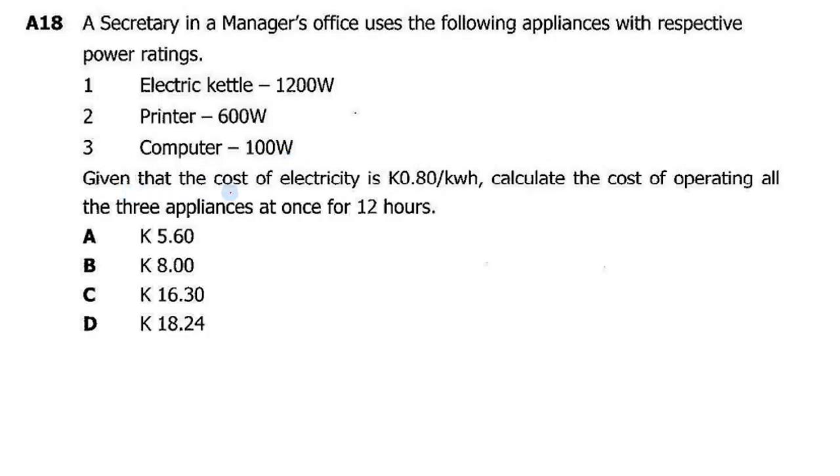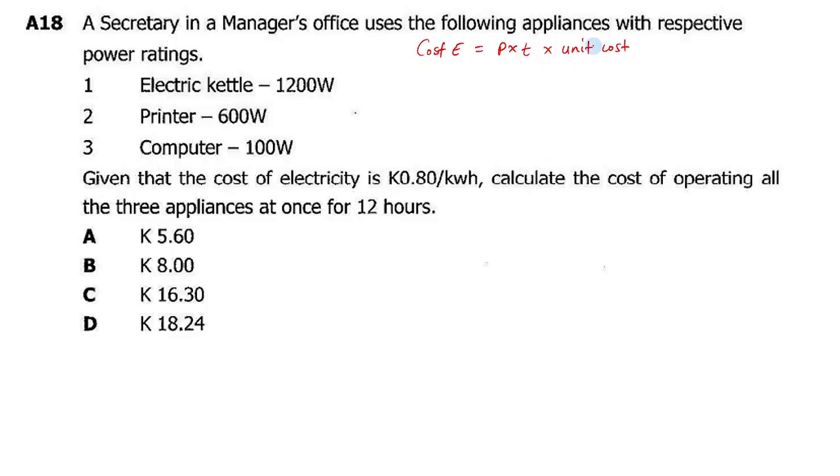Given that the cost of electricity is 0.80 per kilowatt hour, calculate the cost of operating all the three appliances at once for 12 hours. So remember here we need to calculate cost individually. The formula for cost of using electricity is power times time, then times unit cost.